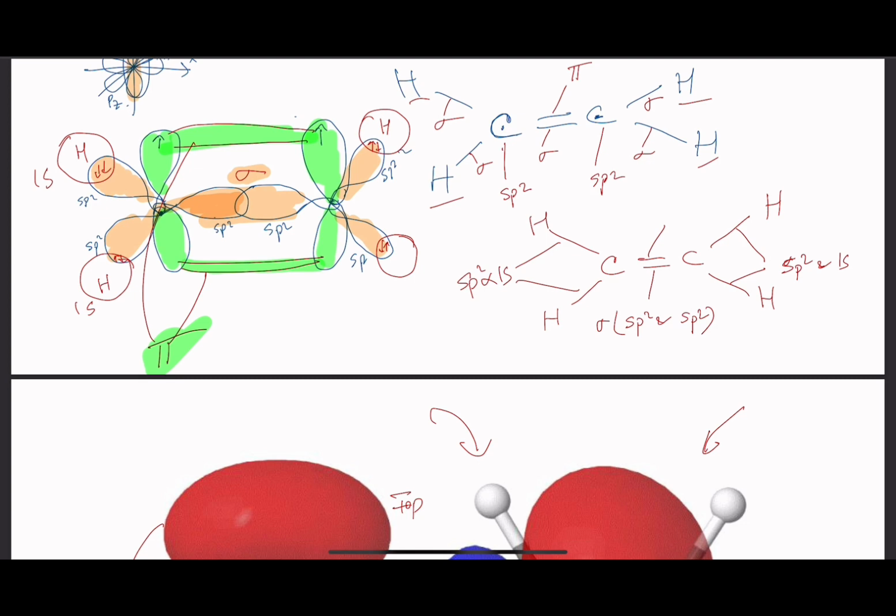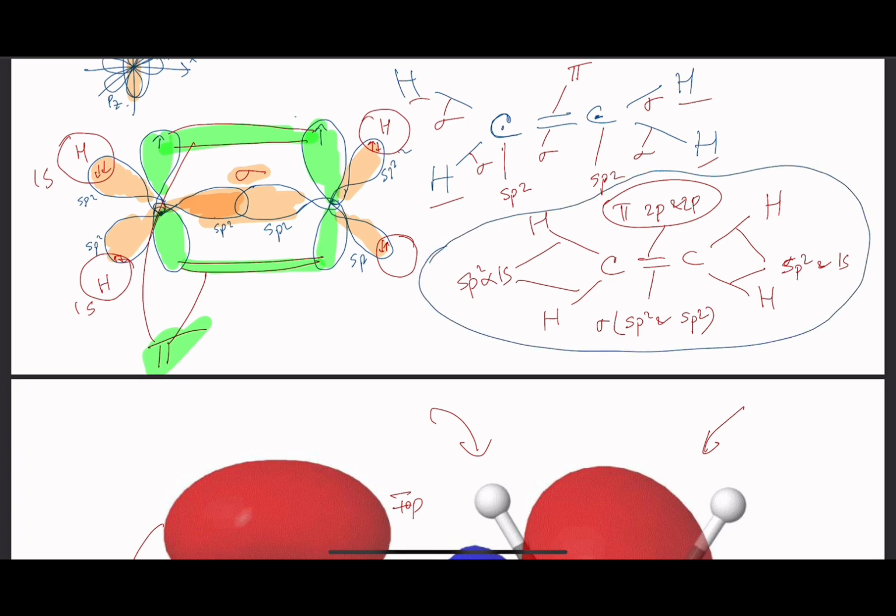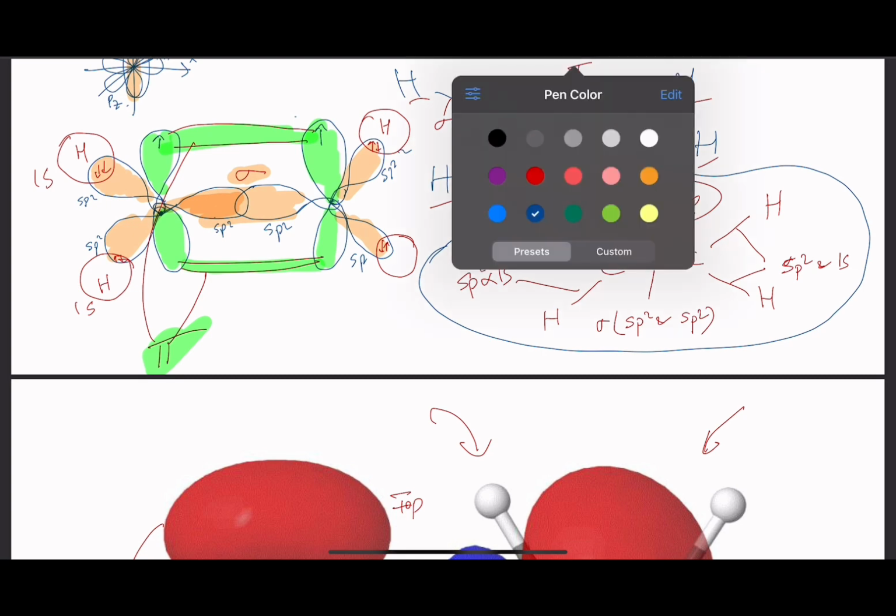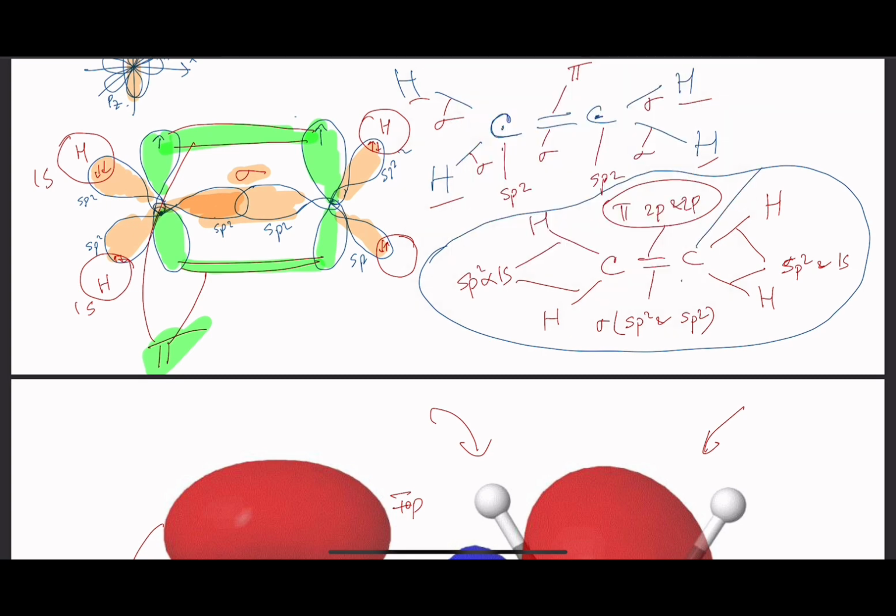But this one is made by 2p and the 2p, because this is a pi bond. Okay, so I want you guys to really draw this shape on your notebook so you can see. And the hybridization of this guy is sp2, because we got 3 sigma bonds on it.